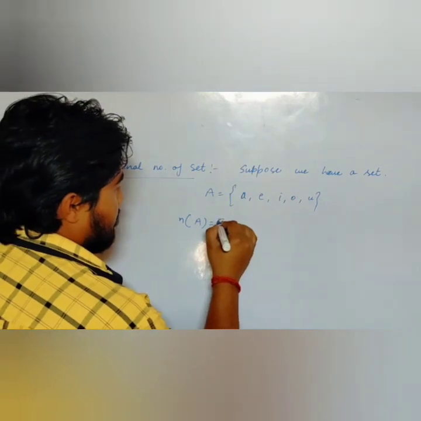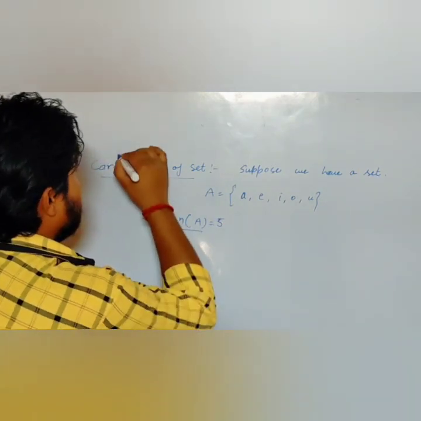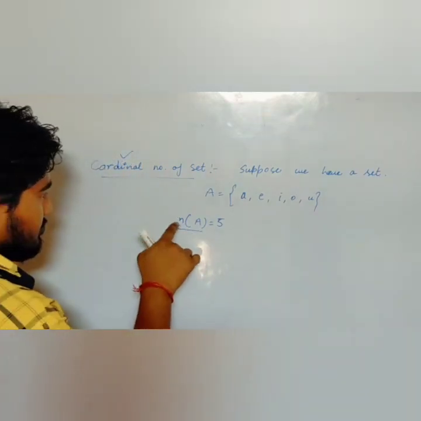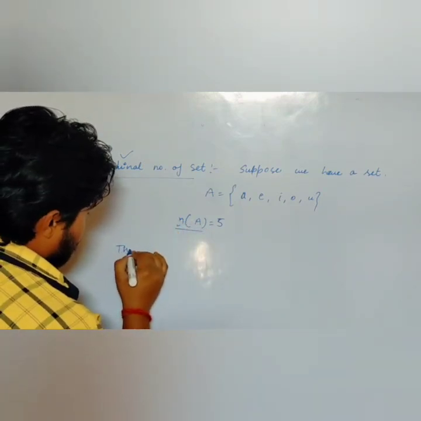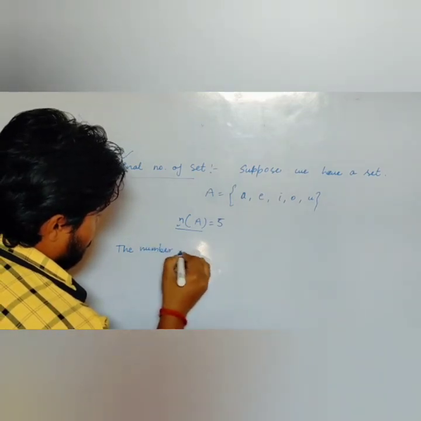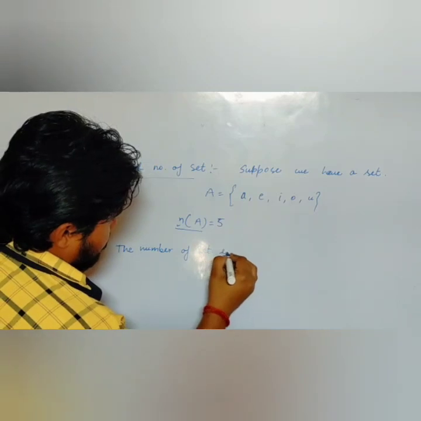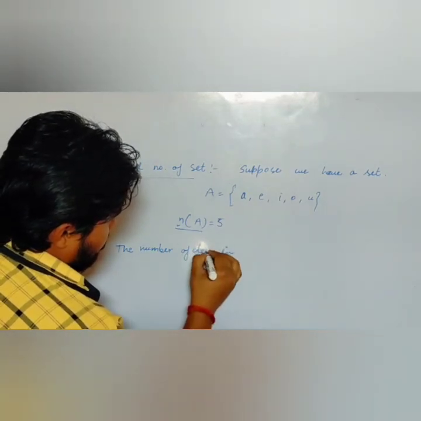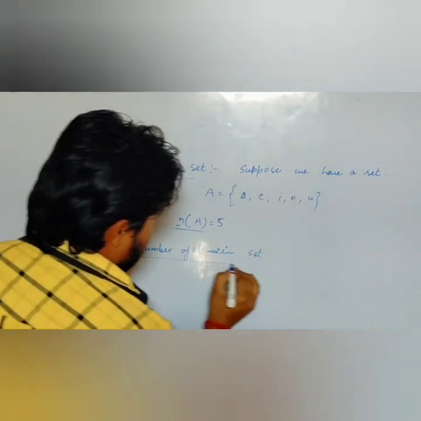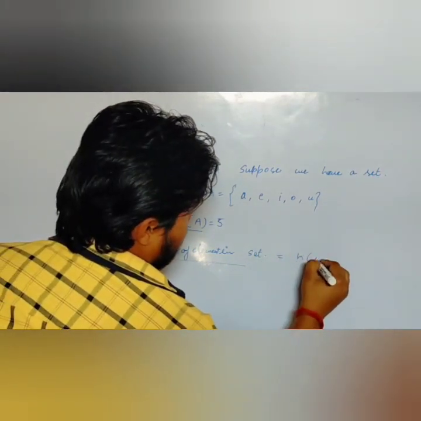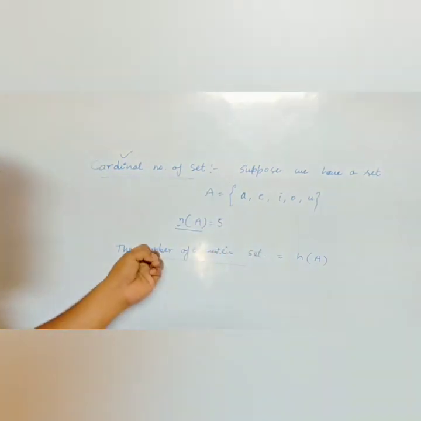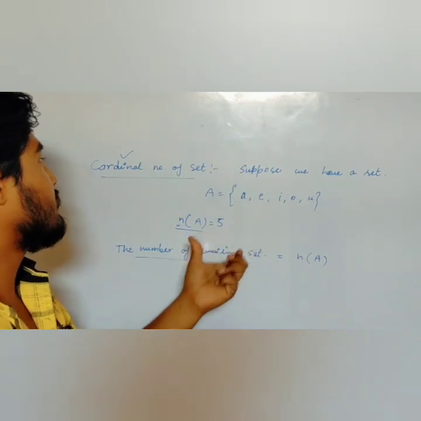This is the number of elements in the set, and we can represent the cardinal number in this form, for any set A, B, C, D anywhere. So that is the cardinal number of a set.